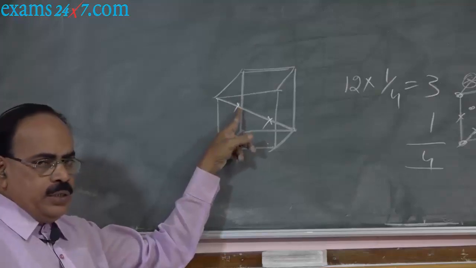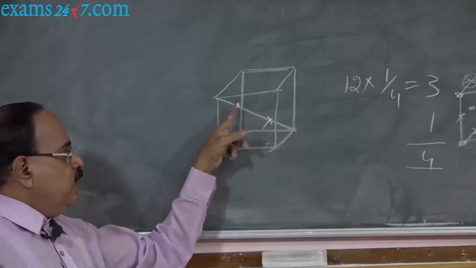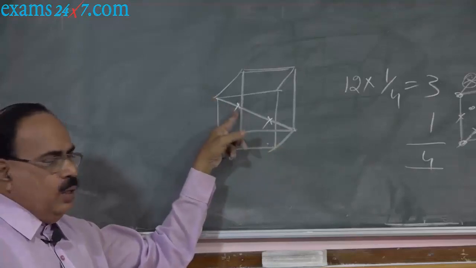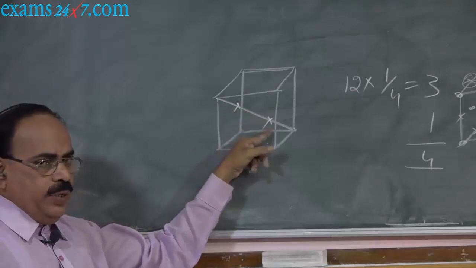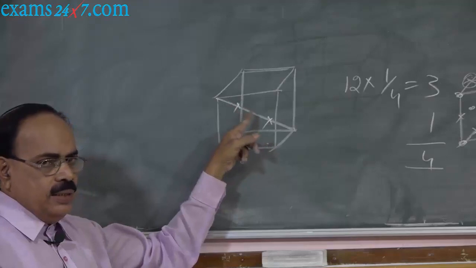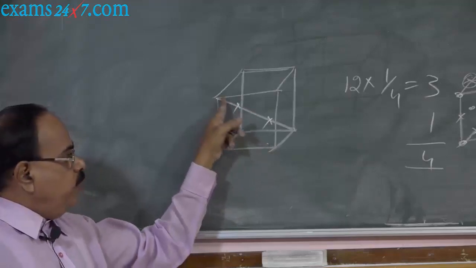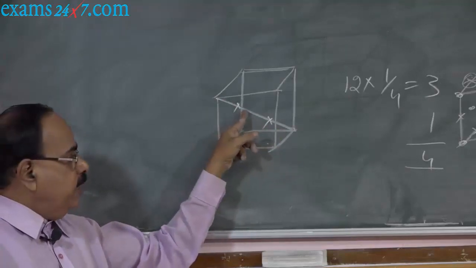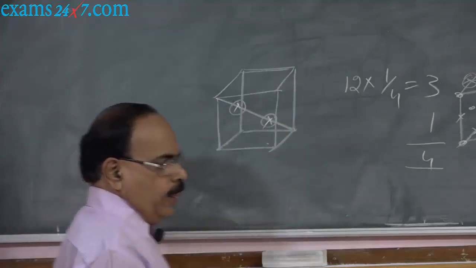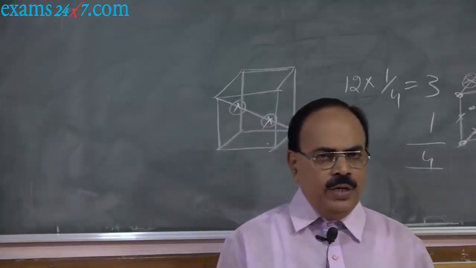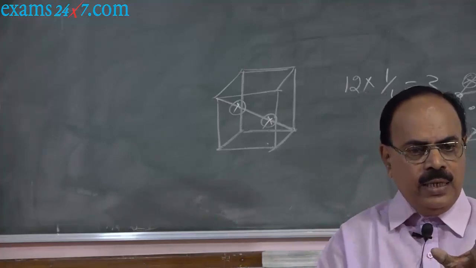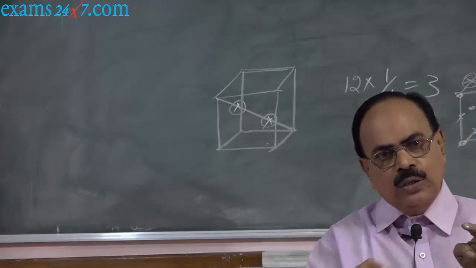The center of each tetrahedron void is located at 1/4 distance of the body diagonal from the corner, so both the TVs are situated equidistant from the body center. So one body diagonal contains how many? 2 tetrahedral voids. This is the center, this is the tetrahedral void, this is the tetrahedral void. They are not at the boundaries of the unit cell, they are within the unit cell along the body diagonal.